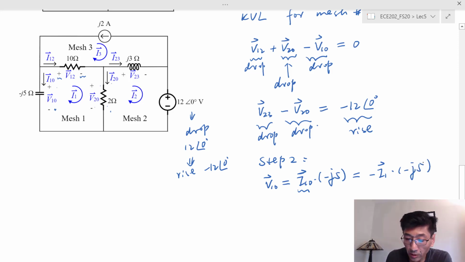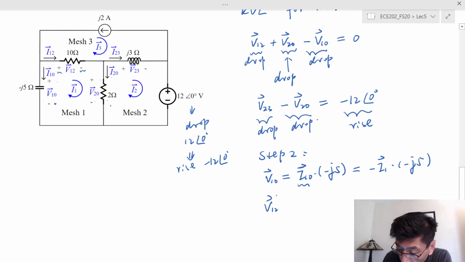So you can do this for all the other elements. Let's do another one, maybe V sub 1, 2. The V sub 1, 2 is going to be equal to I sub 1, 2.